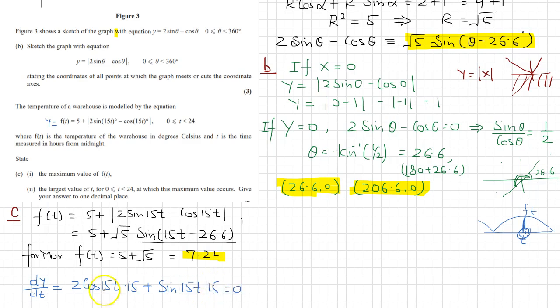That is equal to 0 for the maximum value. So we can say 2 cos 15t is equal to minus sine 15t.